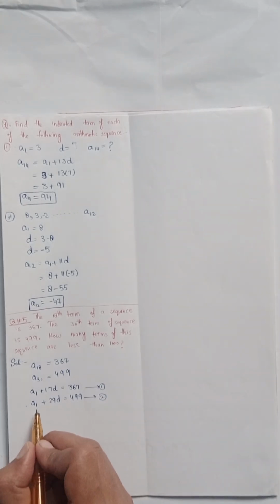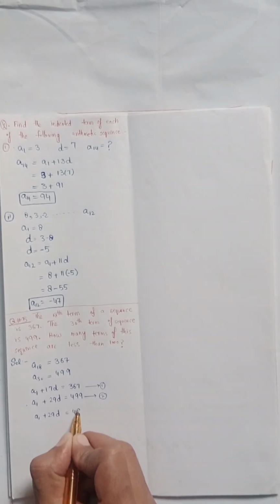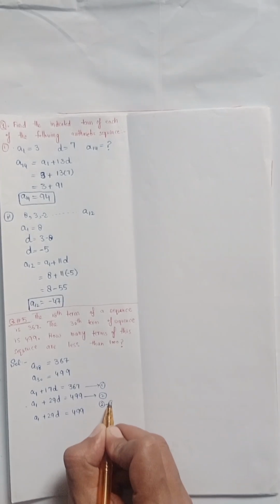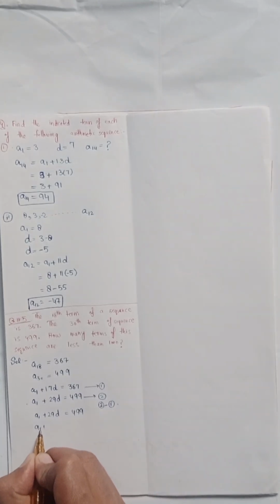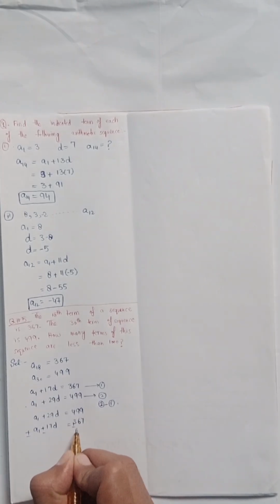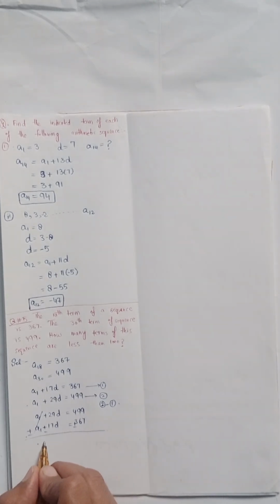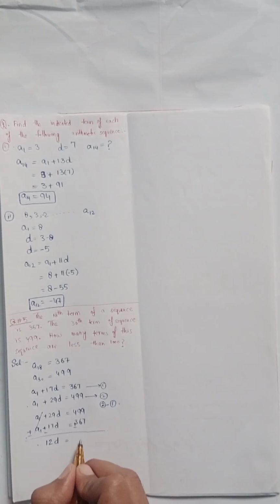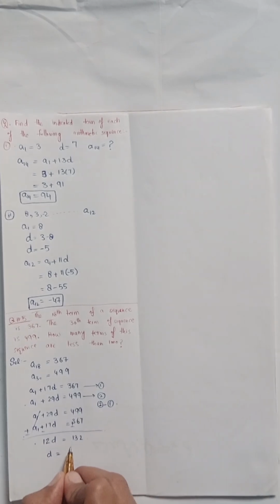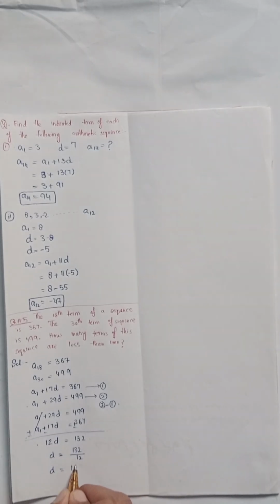By subtracting these two, we get 12d equals 499 minus 367, which is 132, and d equals 132 over 12, so d equals 11.